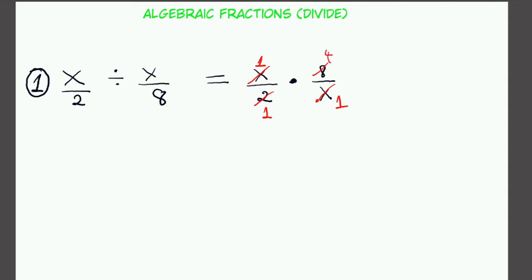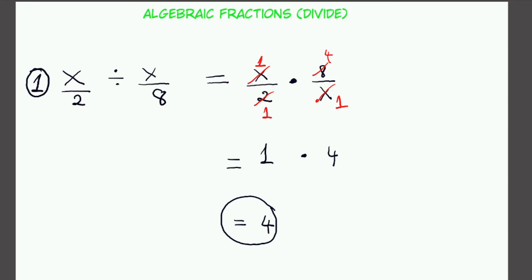Let us see what we're left with. 1 over 1, which is 1, multiplied by 4 over 1, which is 4. If we multiply these two, we're going to get our answer. 1 times 4 is 4, and this is our answer. So x over 2 divided by x over 8 gives us 4, the final answer after we've inverted and cancelled our common factors.